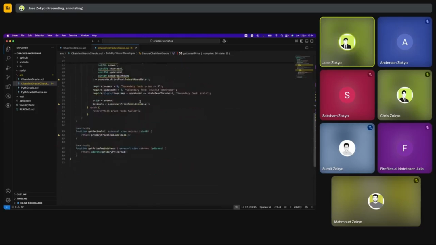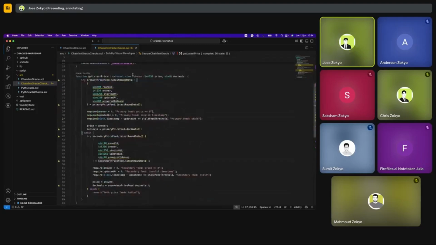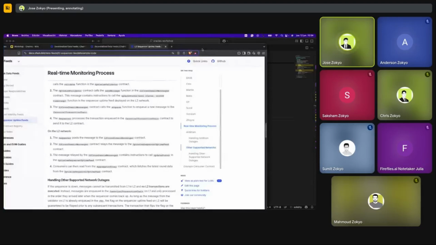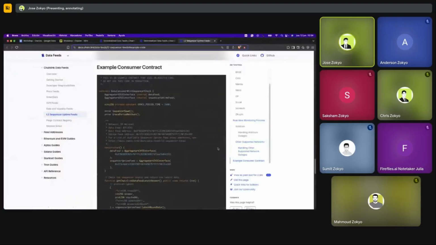So as I mentioned, here we have the example of how to implement the check for the sequencer, directly.